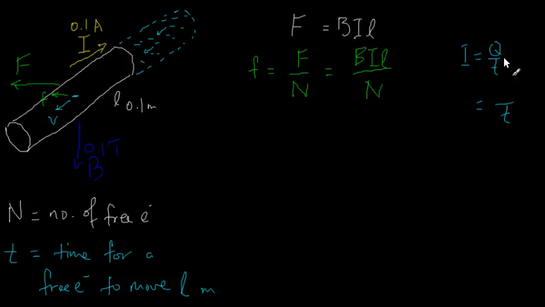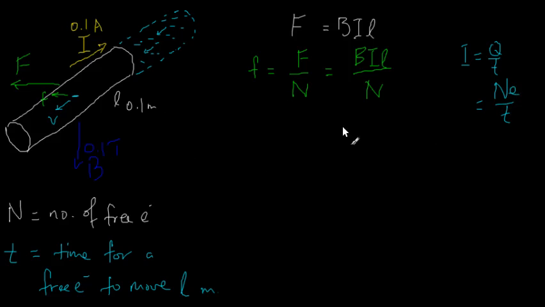Then the charge would be the total charge of the free electrons in the rod, which would be the number of these electrons times the charge of one electron, e. So this is what we understood in the last video.